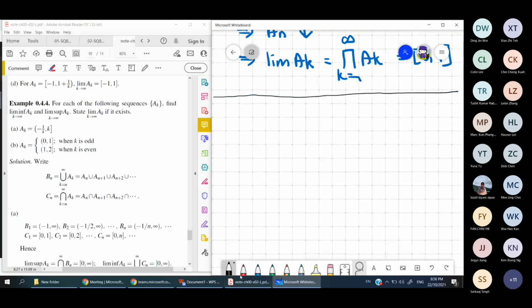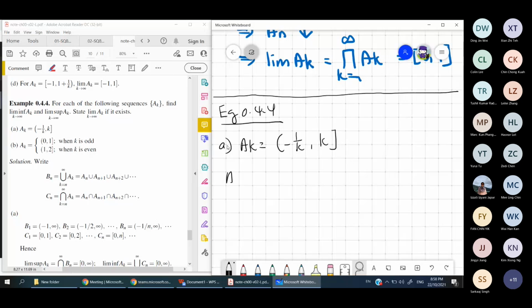Maybe I will do it once again to demo the general method, to demonstrate to you how to compute the limit infimum and limit supremum. Let's look at the first one. AK is from minus 1 over k to k.